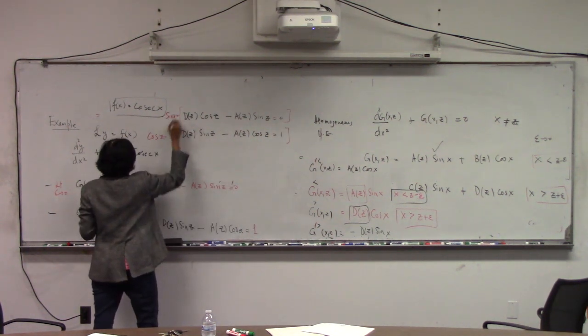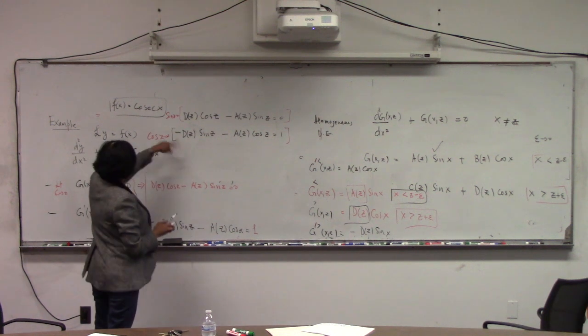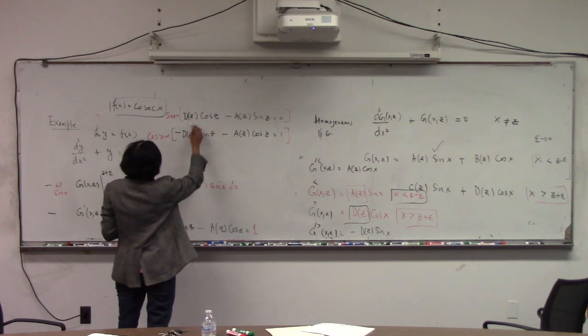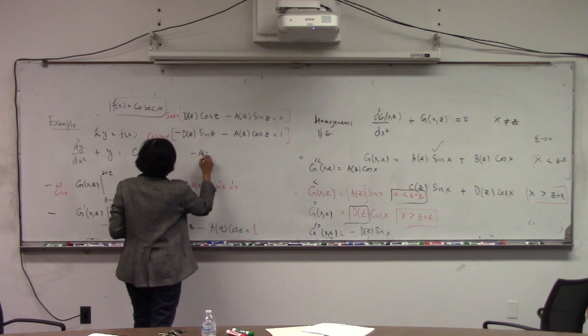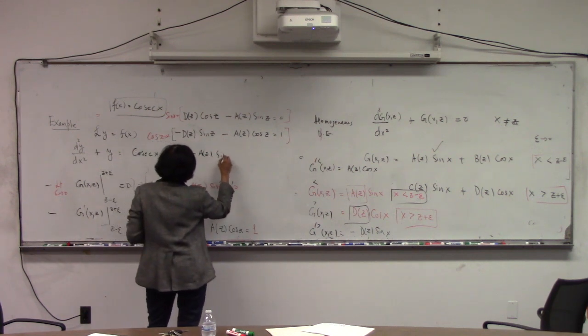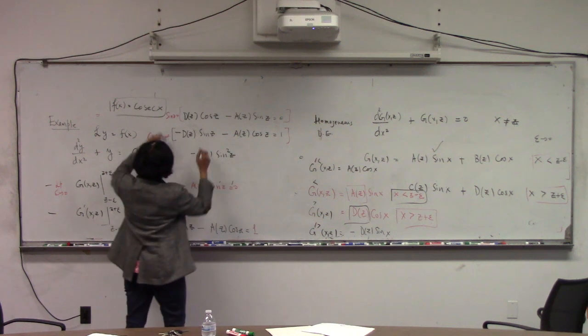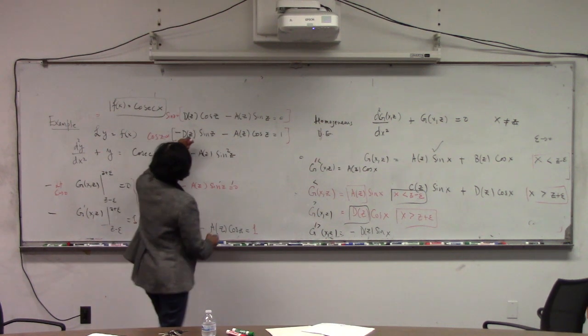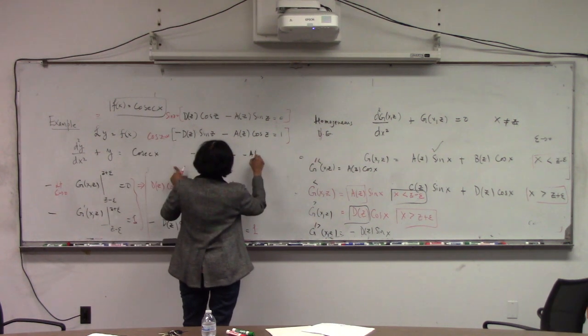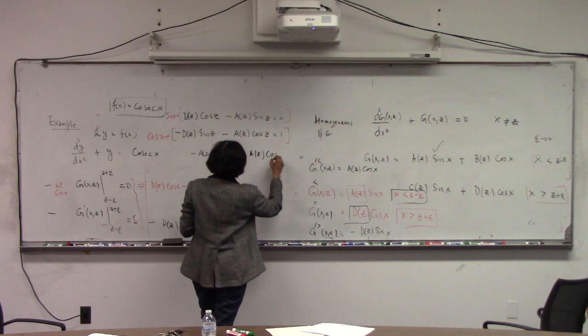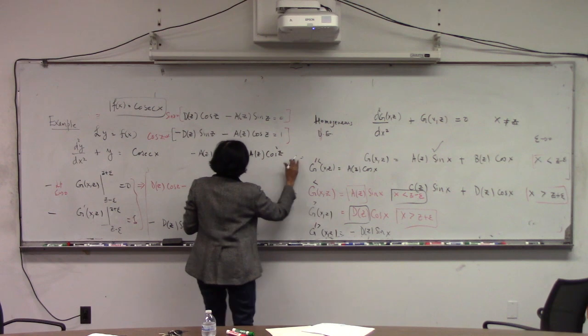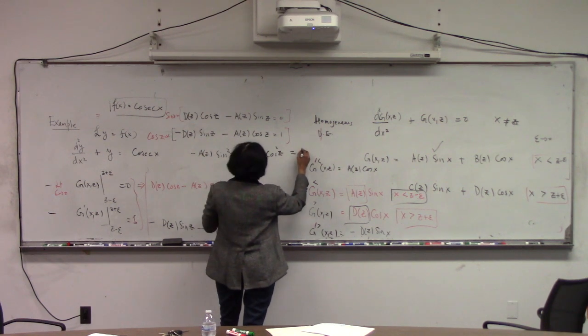Supposing I multiply that, then I can eliminate dz, right? So I just add them. I will have minus az sine square z, just adding them up, minus az cosine square z equal to cosine of z.